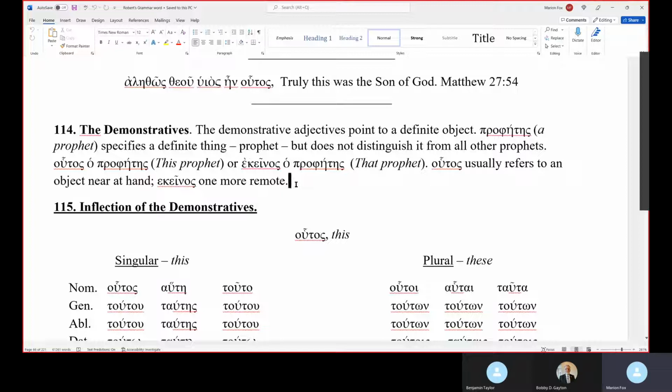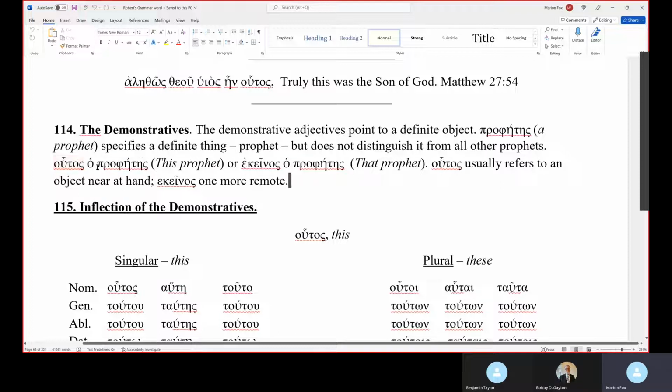If I'm in a room and I say this chair, like I was the teacher, I'm going to be looking at a chair up close to me. That chair would be maybe back in the back of the room. So this and that. And so it points to a definite object. Prophetes, a prophet, okay? Specifies a definite thing, a prophet, but does not distinguish it from all other prophets, just any old prophet.